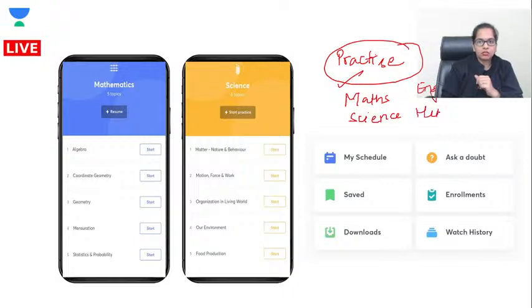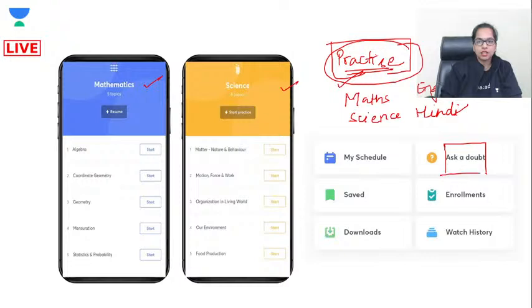Along with that, there is one more feature, Ask a Doubt, where you put up your doubt, a screenshot or any question, you can ask the educator, and within 2 hours you get the answer.